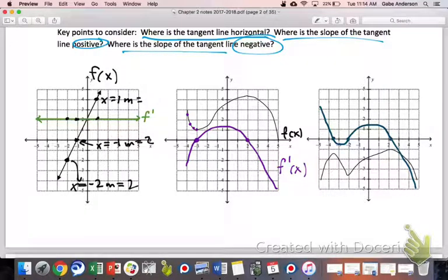When you say the line, are you talking about f of x or f prime? If you're trying to find the derivative of f of x, say f of x is a different line. Okay, let me write this up here. So f of x, different line, what does it look like? Let's just say it passes through the y-intercept at 5.